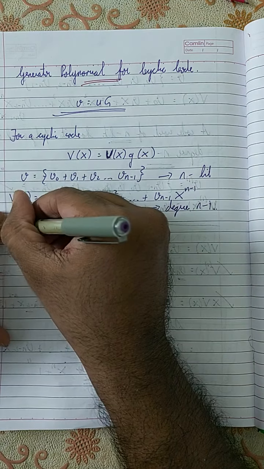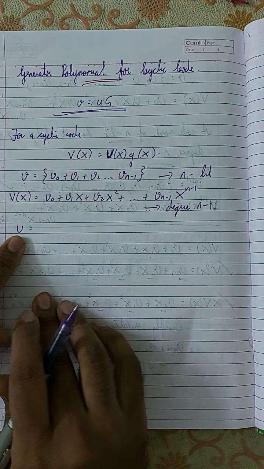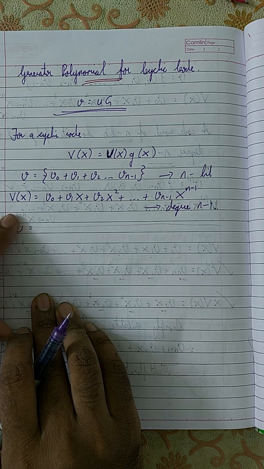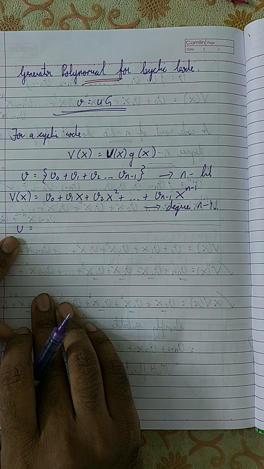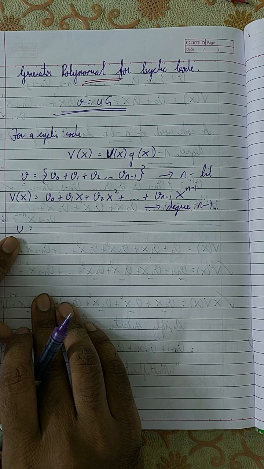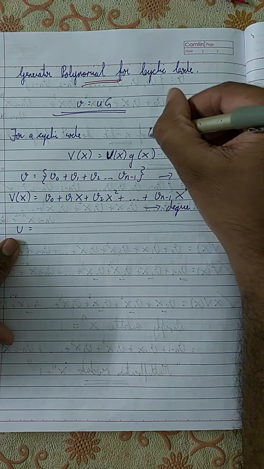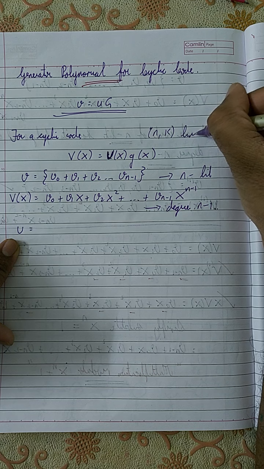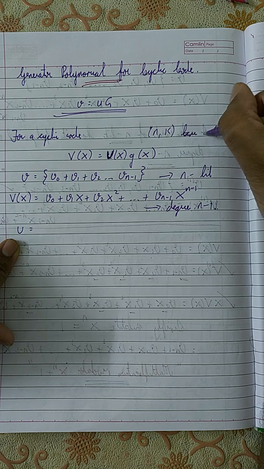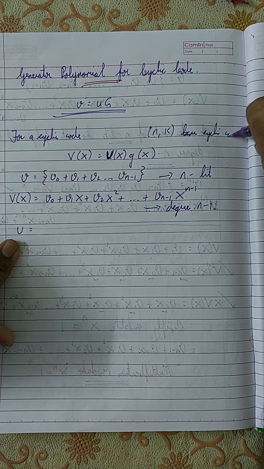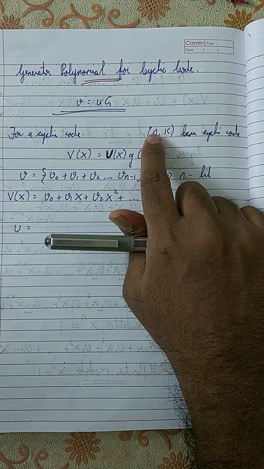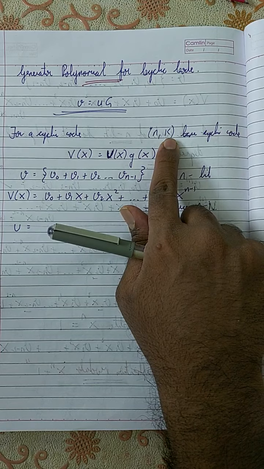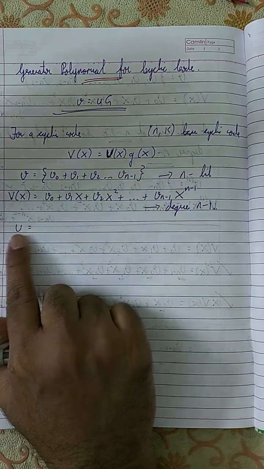Now, same way, what is u? u is k bits. We all know that u stands for the input message. Just like in the case of an (n,k) linear block code, for an (n,k) cyclic code, n represents the number of output bits, that is v over here, and k represents the number of input bits, that is the u over here.